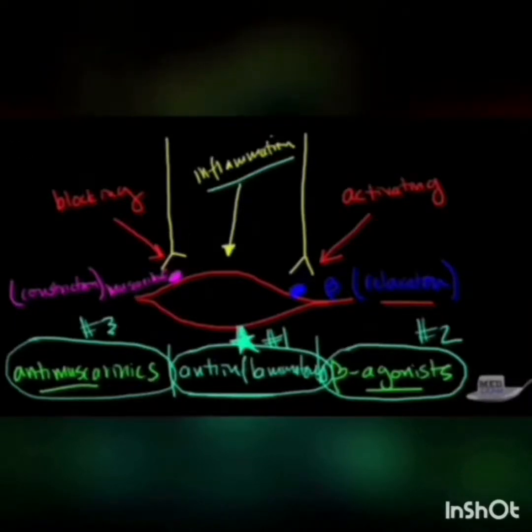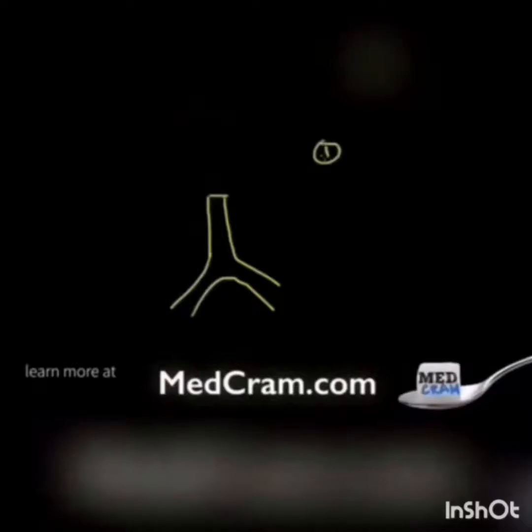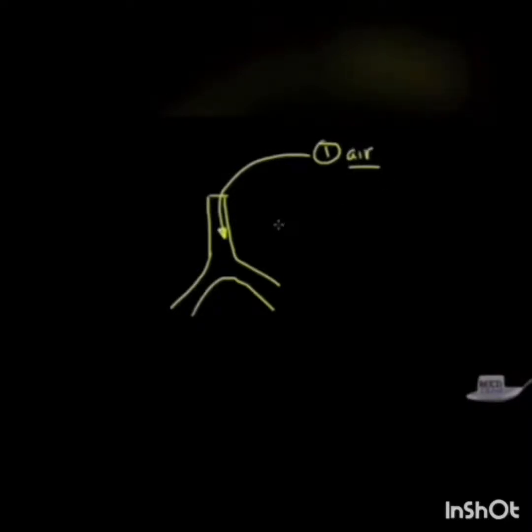Let's talk about the pathophysiology, about perhaps clinically where this inflammation may be coming from. Things that can trigger problems in our airways based on a number of things. First of all, because of the stuff that we breathe in. So that's a trigger, the air that we breathe. What else could trigger asthma? What else could be causing it?